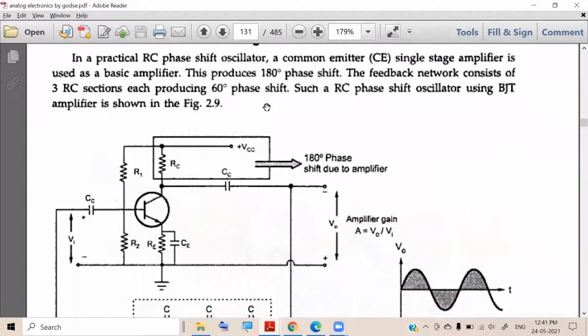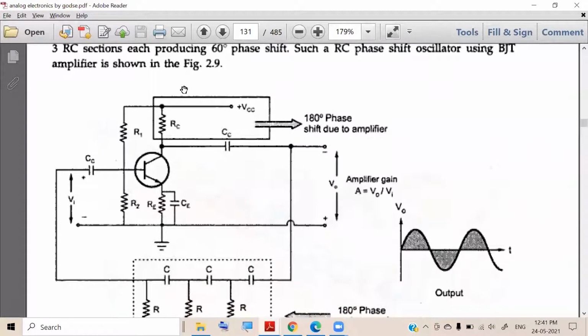Right. So what does it contain? The amplifier block is the same, whether Hartley oscillator, Colpitts oscillator, or RC phase shift oscillator. Same explanation. R1, R2, RE are for biasing. The CC capacitors are coupling capacitors, or blocking capacitors.